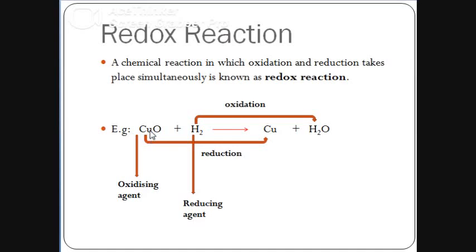Here copper oxide is the oxidizing agent, which is reducing itself to copper to oxidize hydrogen to water. So remember, wherever there is reduction, that part will be the oxidizing agent. Now hydrogen is the reducing agent because it is the one which causes reduction of copper oxide.